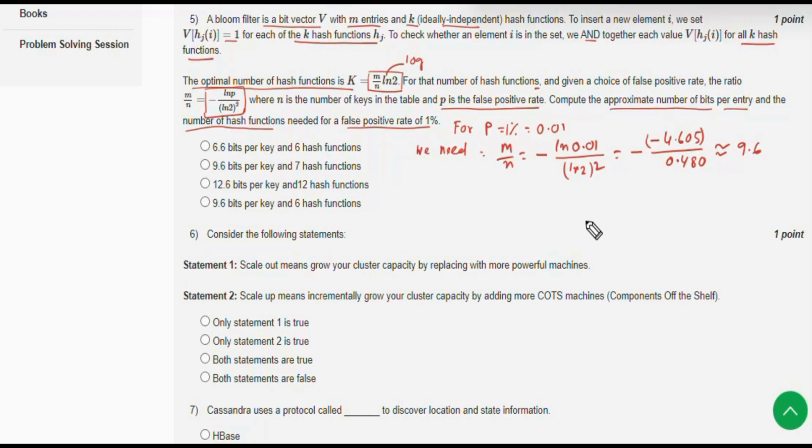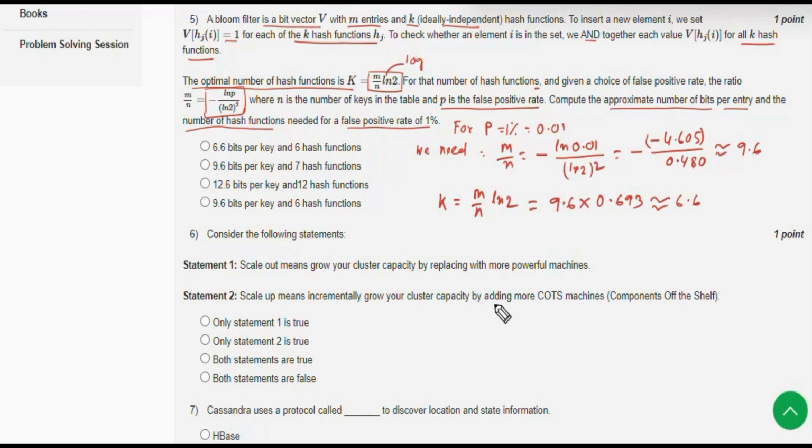Now how many hash functions will we use for 9.6 bits? That is k equals m by n ln 2, and we already found the value of m by n, that is 9.6 into, if I do the calculation in scientific calculator, ln 2 means 0.693, and that is approximately 6.6.